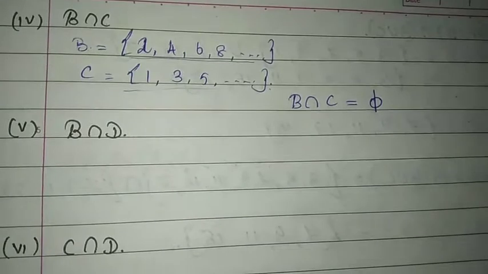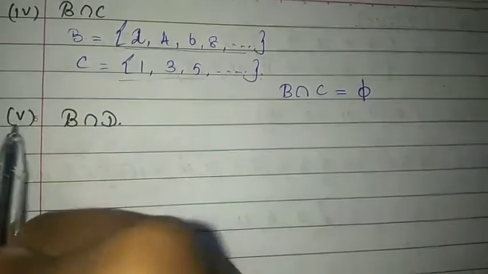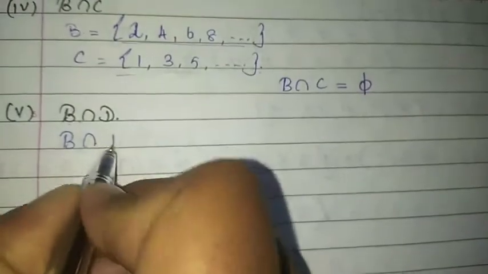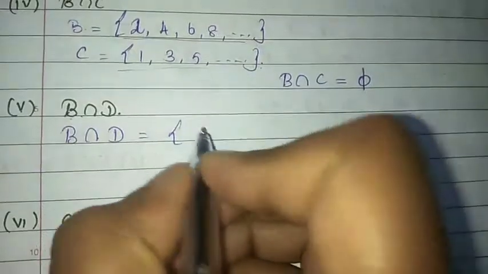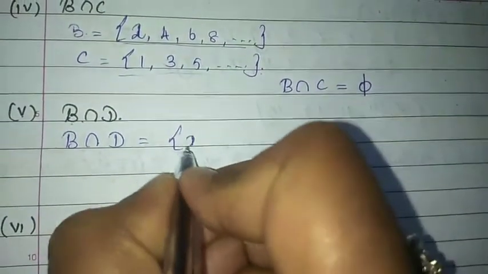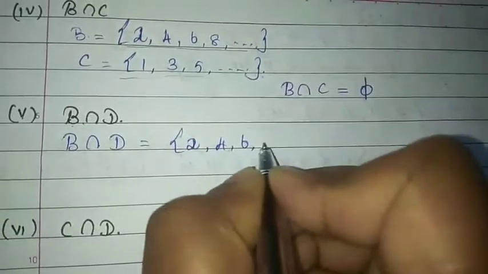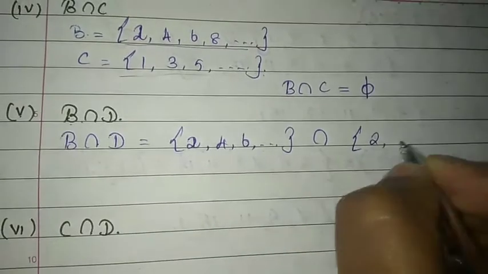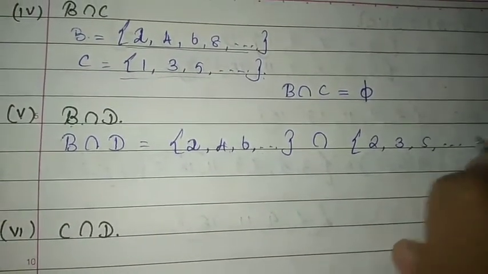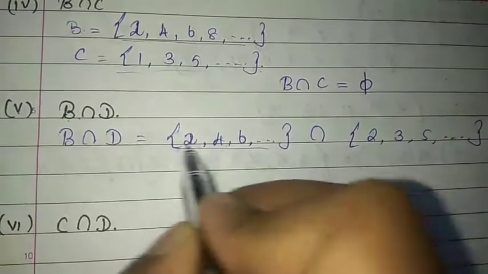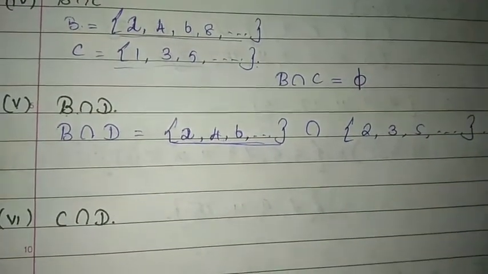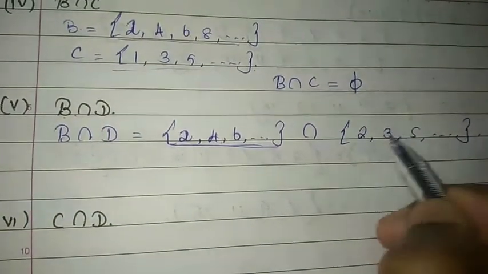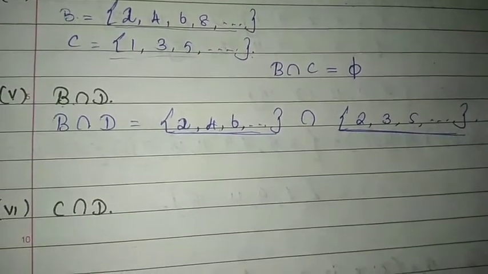the null set. Okay, so next one, fifth subdivision, B intersection D. Here B intersection D is equal to, what is B? It is the set of all even numbers, 2, 4, 6, etc., intersection prime numbers 2, 3, 5, etc. Okay, be clear and watch it fully without skipping. 2, 3, 5, these are prime numbers.